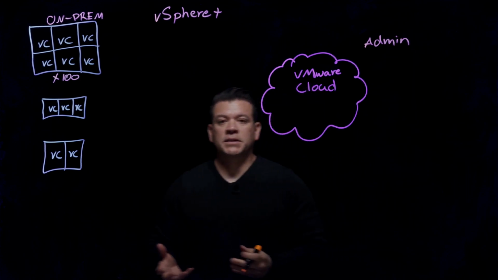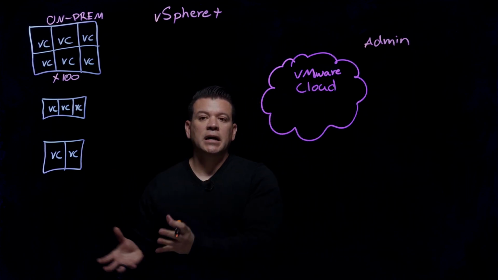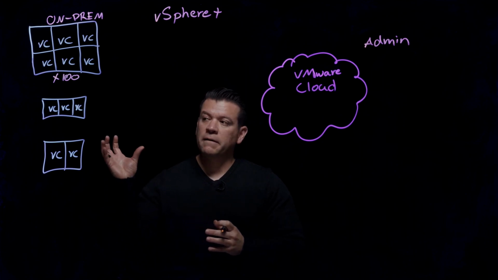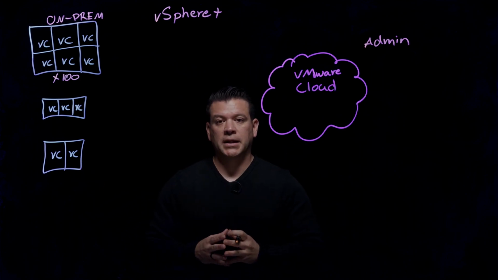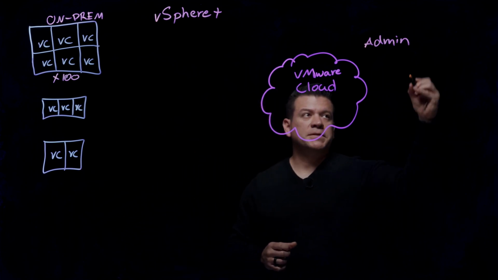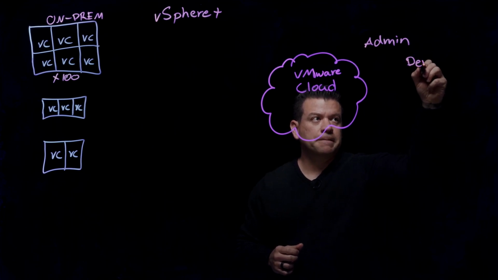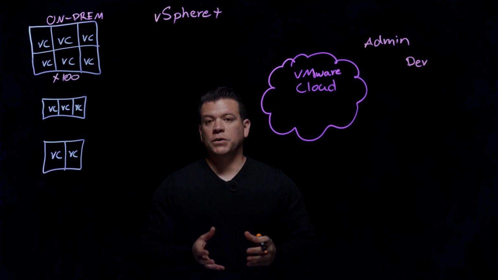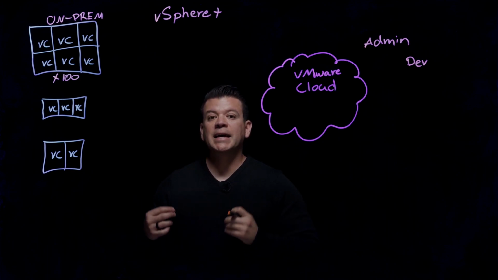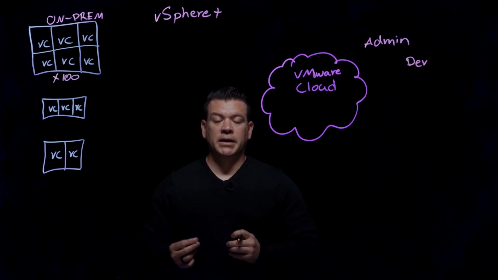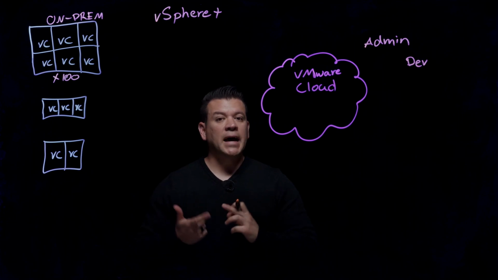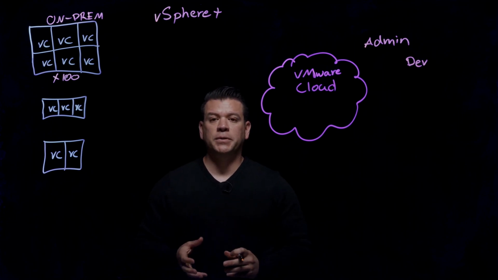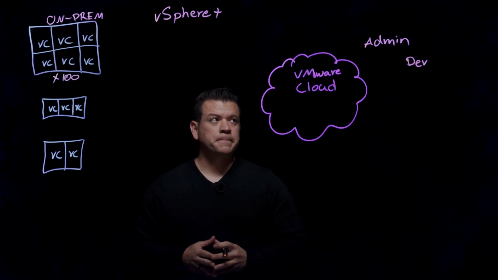With admin services, you can globally see the configuration of your vCenters in one location on the cloud. We also have something called developer services, where we provide you tools to manage and innovate your containers with Tanzu Mission Control and Cloud Consumption Interface, which is part of vSphere Plus.